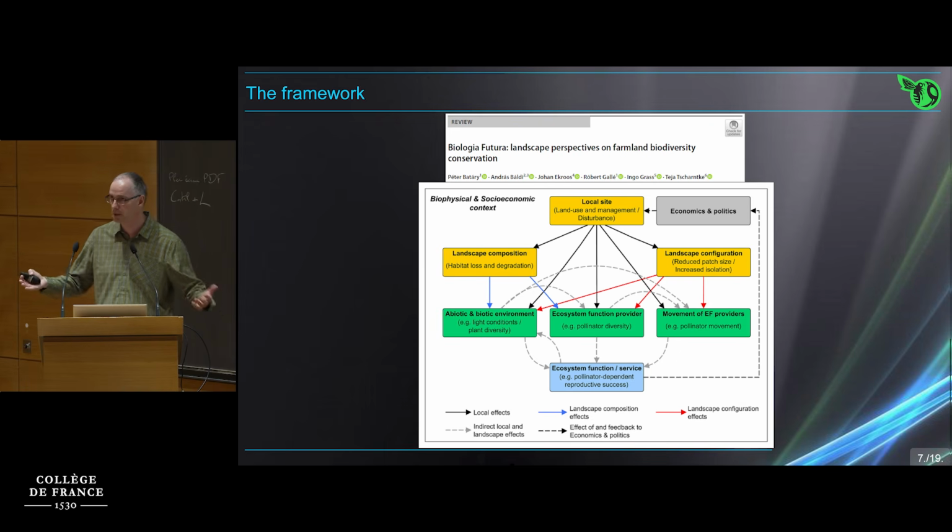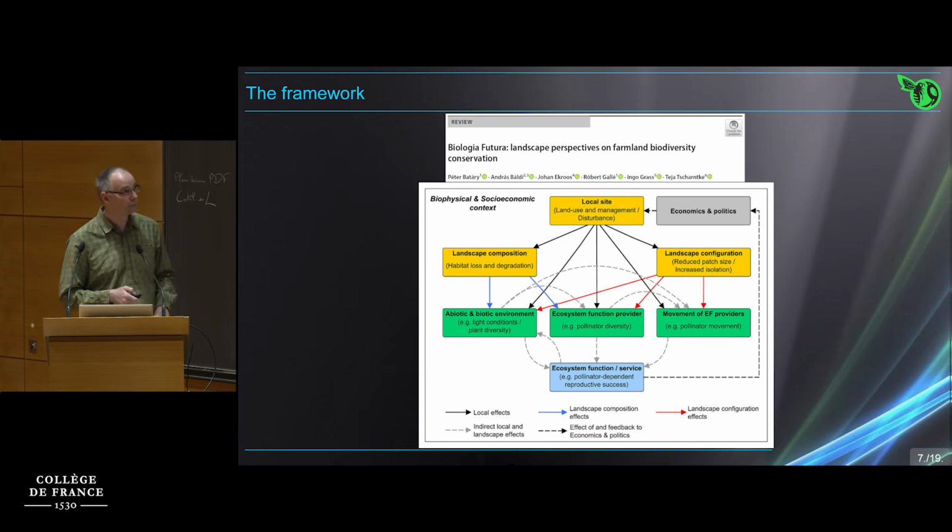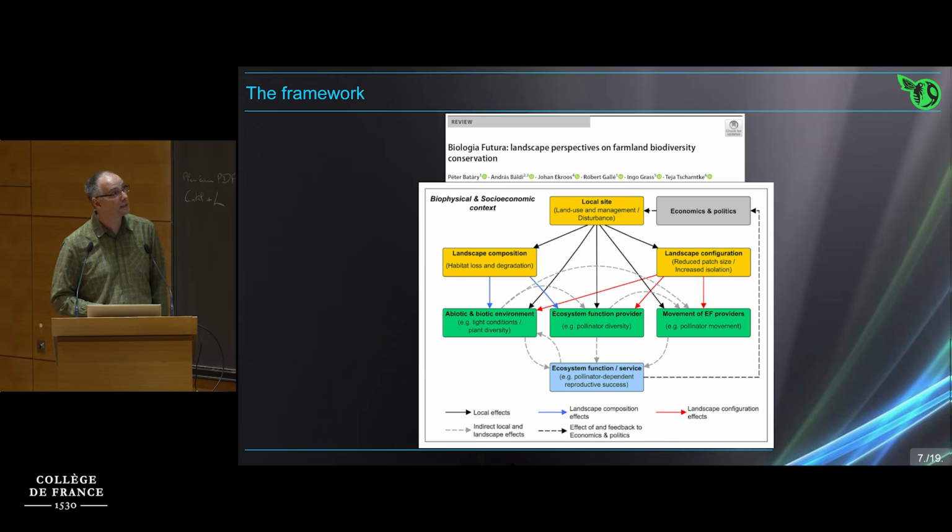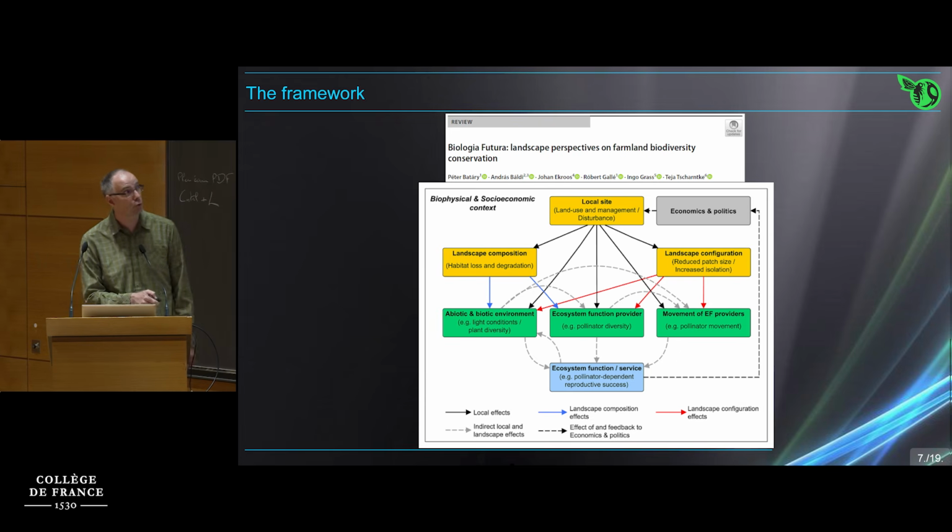Imagine a forest next to a cereal field. If you cross the border, you will see that the abiotic conditions, for example light, are changing. This has an effect on the plants, their structure, their flowers, and this, of course, obviously has an effect on the ecosystem function providers, in this case, for example, the pollinator diversity, and also their behavior.